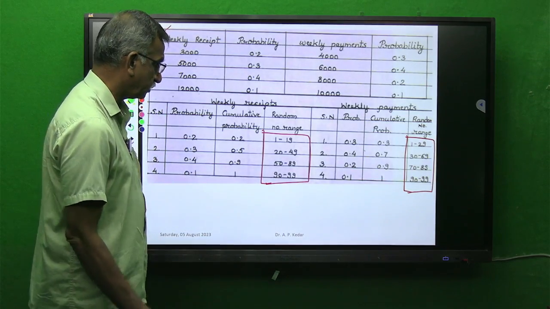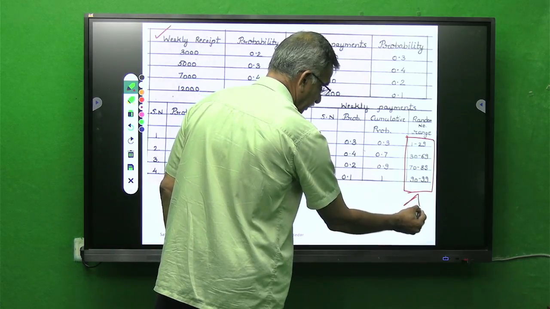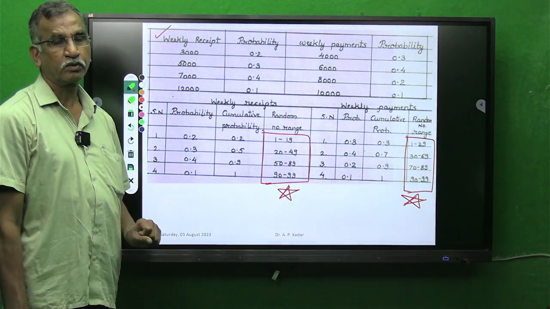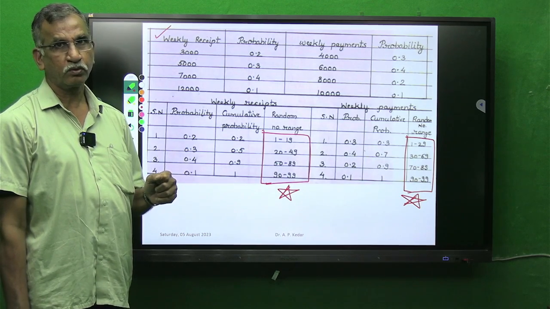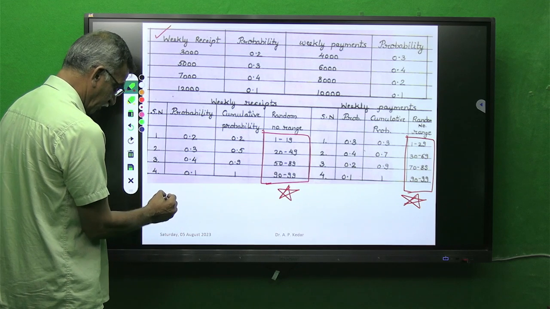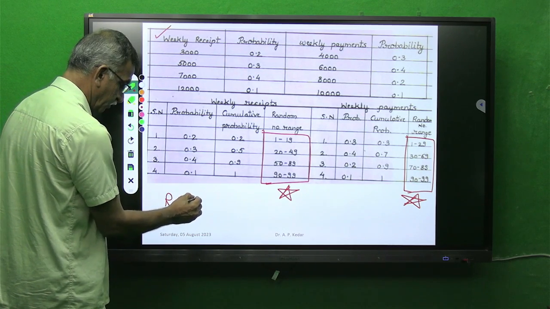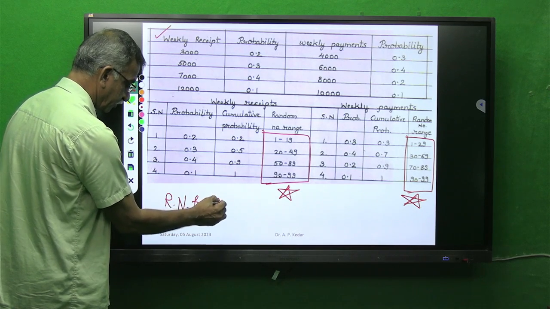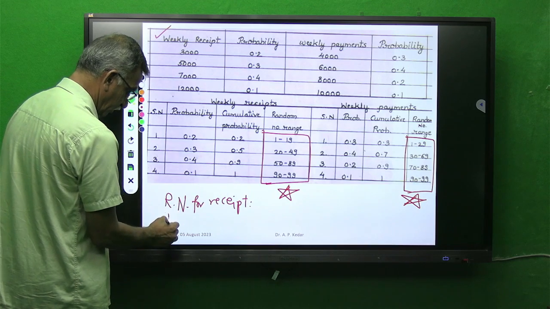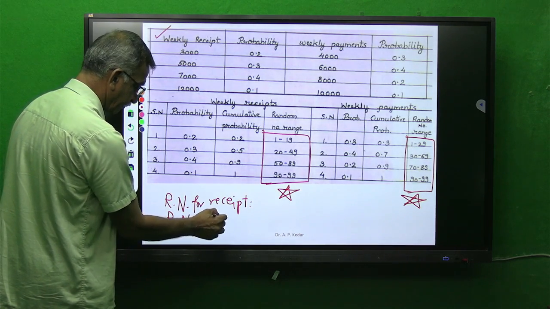Now this column is very important. Similarly, this column is very important, because what we have to go in calculation now is, we are given set of random number, we are provided with random number for receipt, we are also given random number for payment.